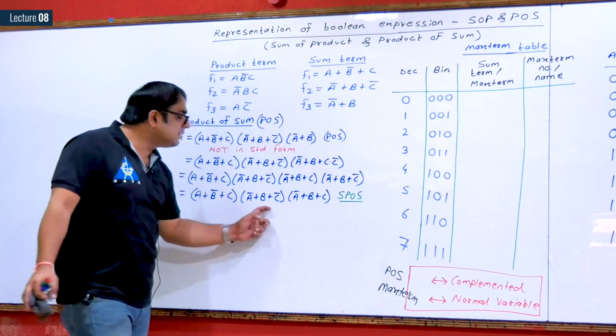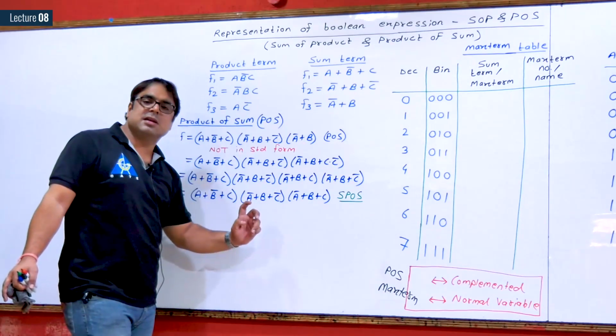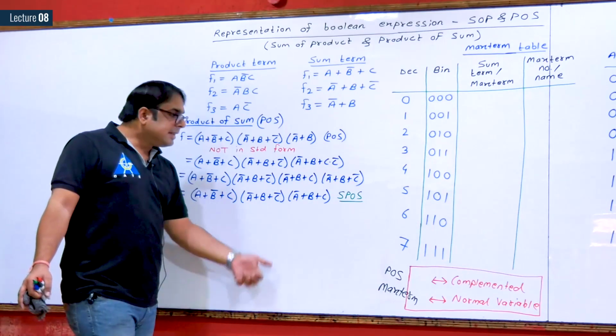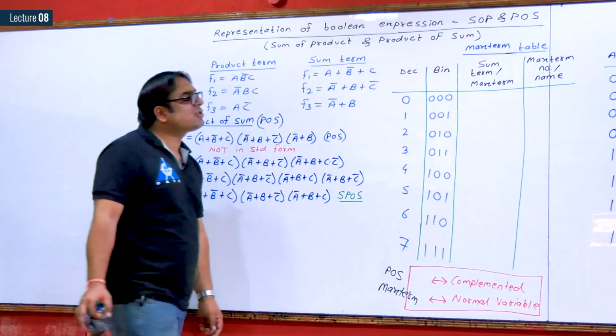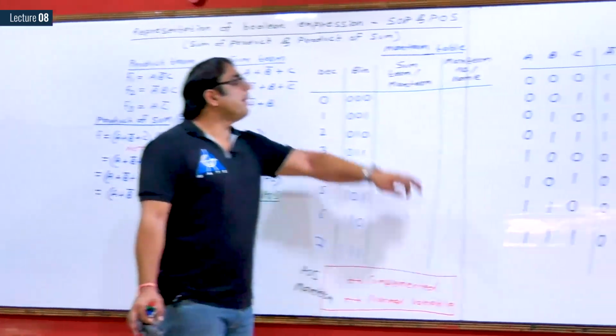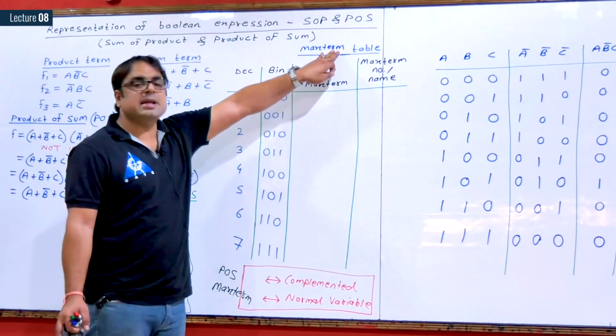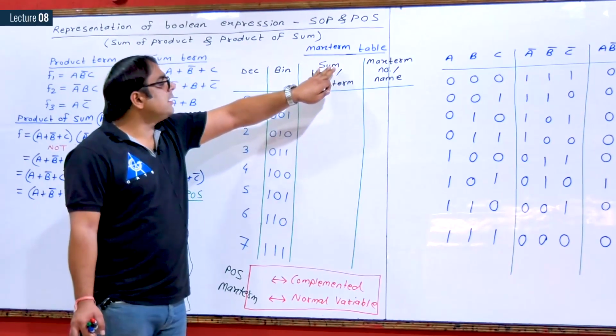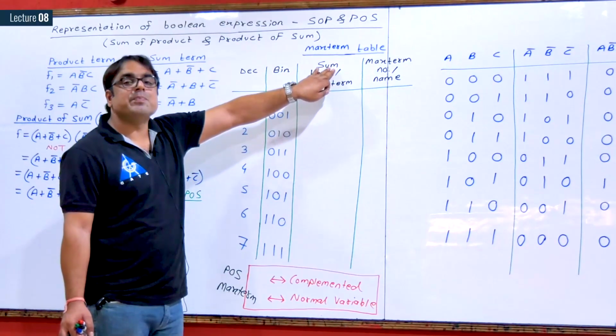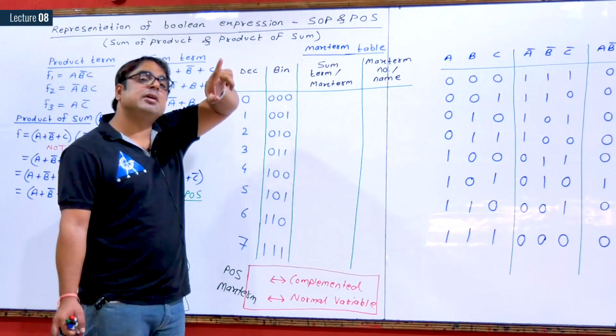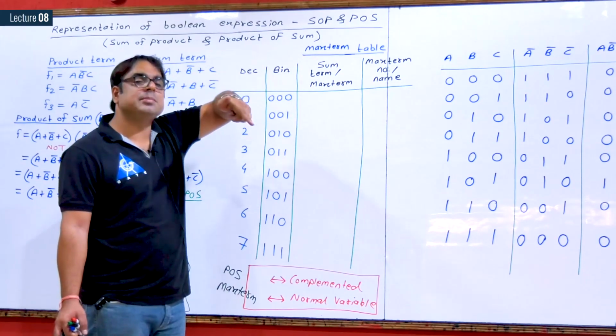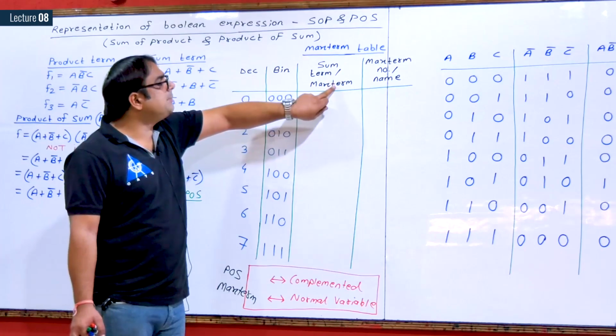So there are three max terms in this function. Now we can go to the max term table. Max term table is the heading, and a max term is a sum term. Min term was a product term, max term is a sum term.